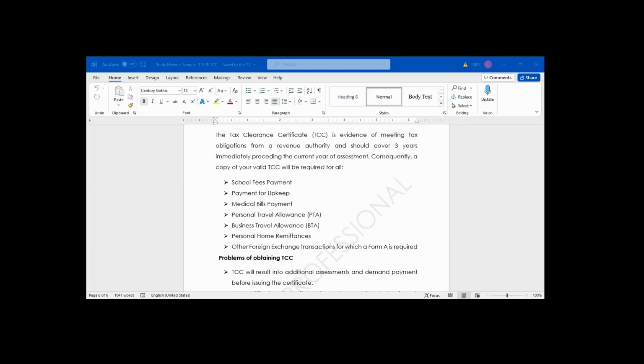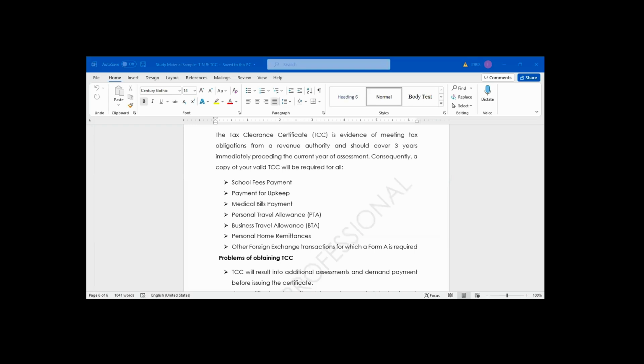Automated tax collection process. Our tax collection process should be automated. It should not be manual. It's still part of the solutions to multiple taxation. So these are the solutions to multiple taxation in Nigeria.